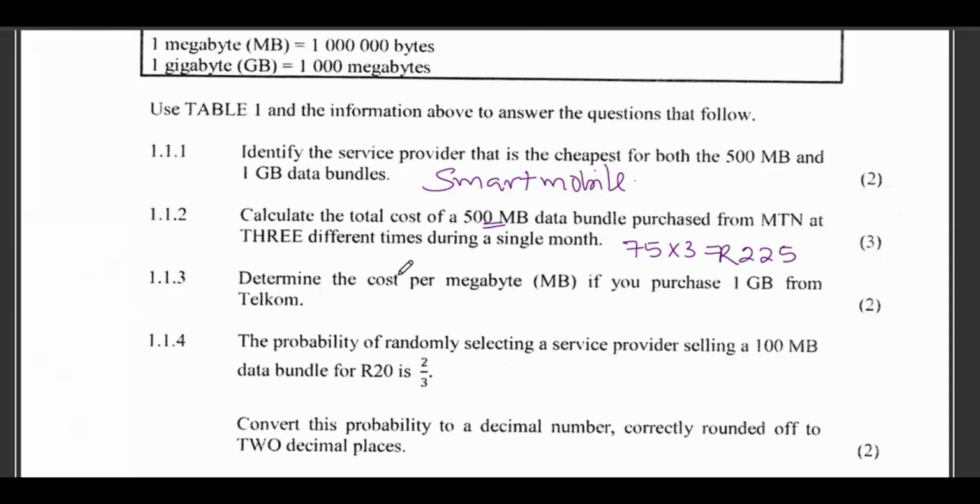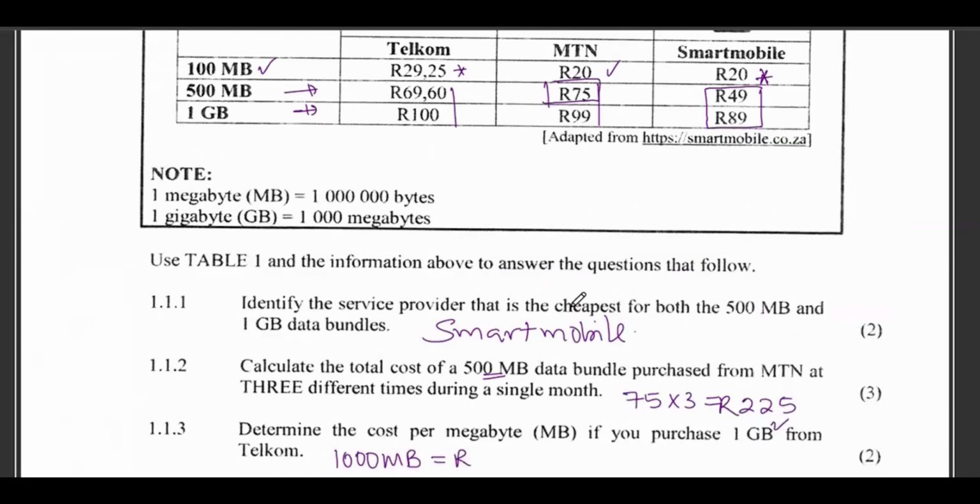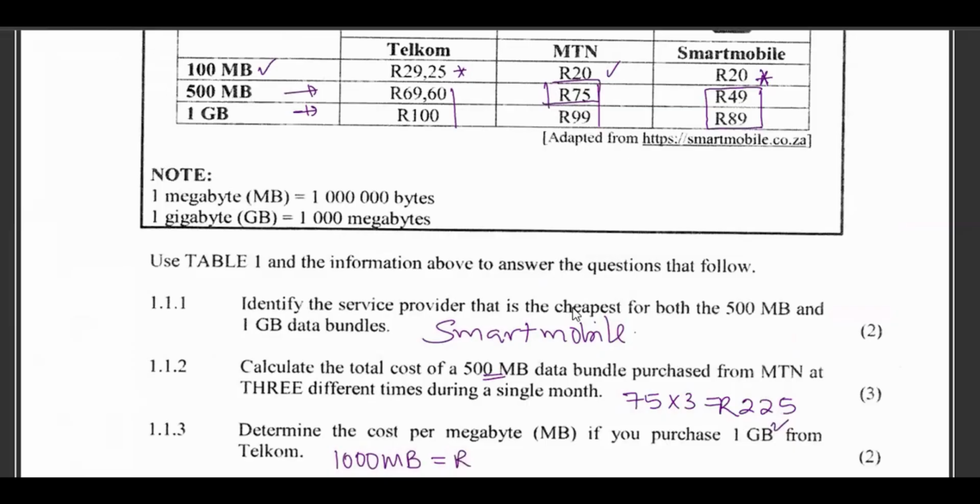Then determine the cost per megabyte, which is MB, if you purchase 1 gigabyte from Telecom. Now, take note, if you purchase 1 gigabyte, you change a gigabyte to megabytes. They have told us 1 gigabyte has 1,000 MB, so we shall say 1,000 MBs equals how much in Telecom. Telecom will charge 100 rands.